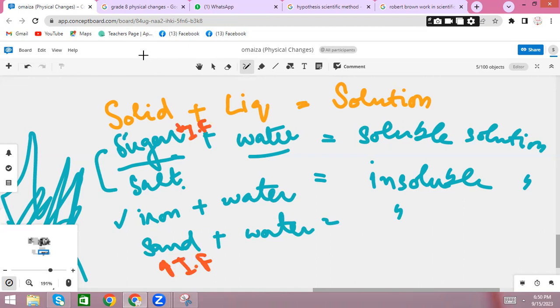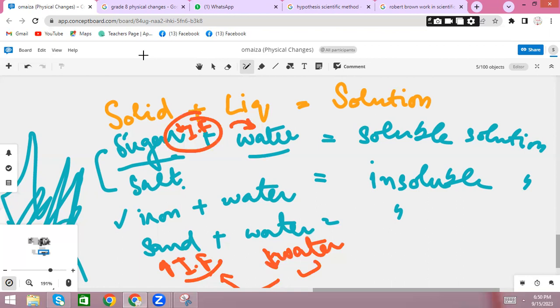Okay, is it clear now? Yes. It has less intermolecular forces than this water. That's why it is soluble. This sand has more intermolecular forces of attraction among its particles than that of water. That's why it's insoluble.